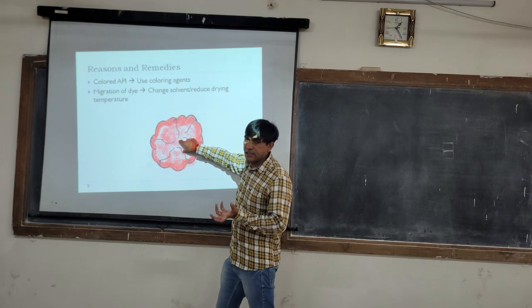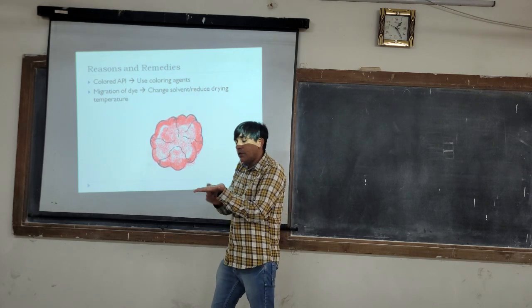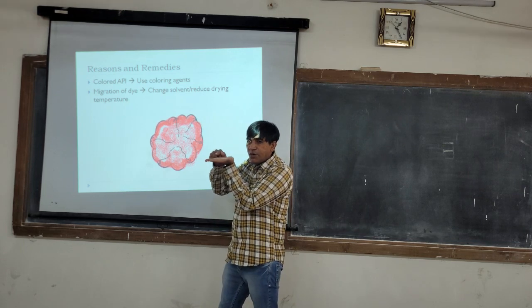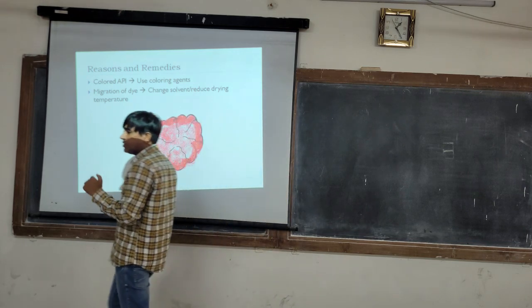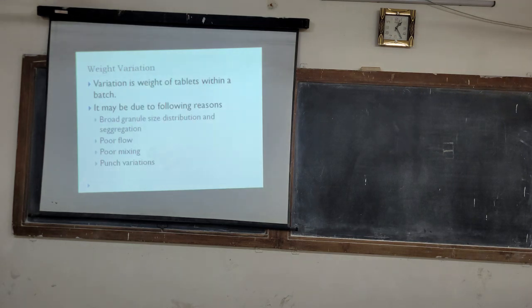The internal part will have lesser density. When this granule is compressed, sometimes it may happen that the internal part is exposed to the surface and hence the tablet will appear to be mottled. In such case, we need to use water insoluble dyes and blends, which are not soluble in water. They will not migrate along with the water during drying.